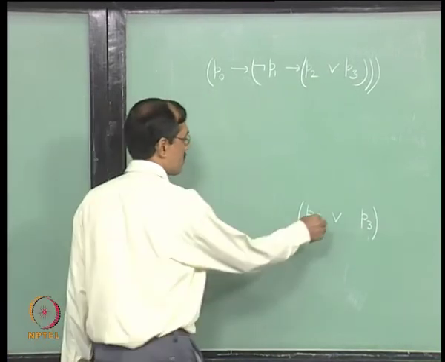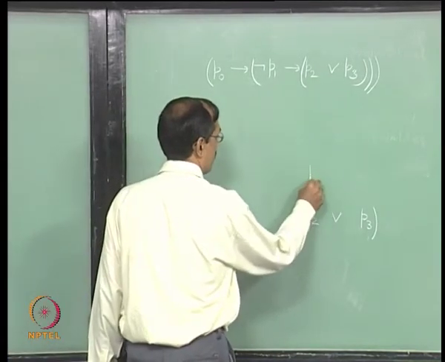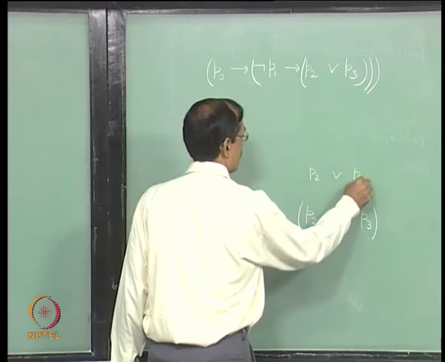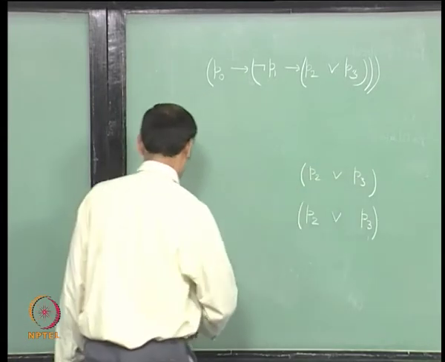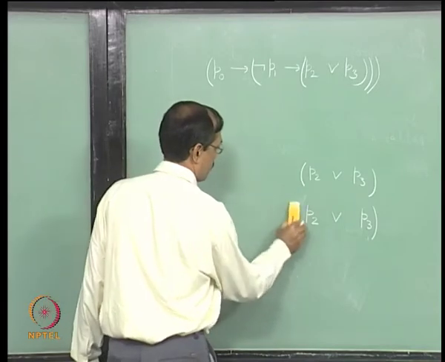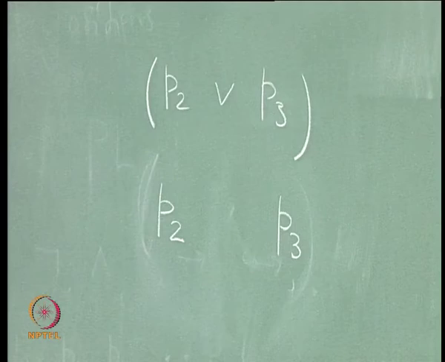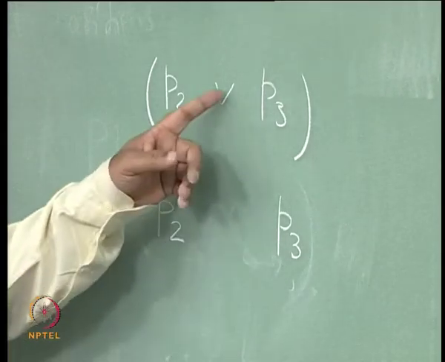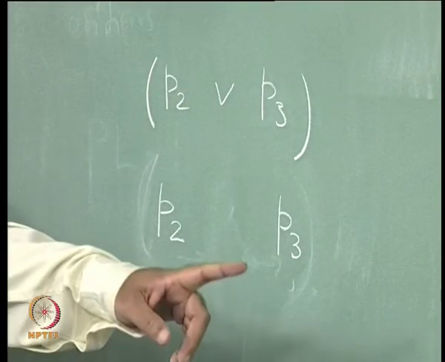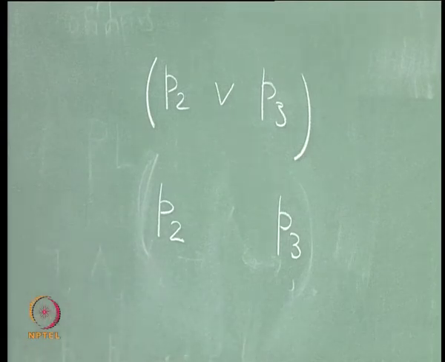So, let me write this on the top of it, I say P2 or P3, okay. From these two propositions I have got this proposition applying formation rule 3. Is that okay? Next what I do?